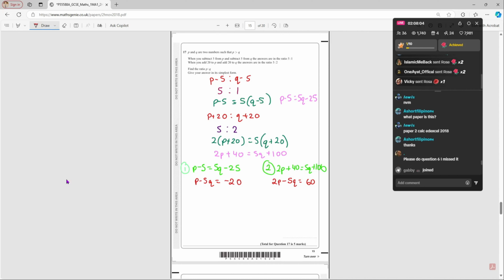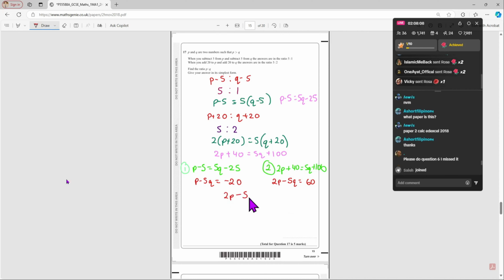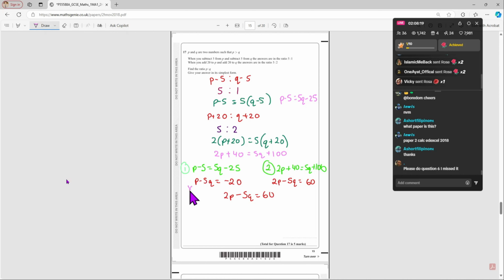And now we're going to write them together. So we have 2P minus 5Q is equal to 60. And then we have to multiply the other equation by 2, so that the P variables are going to be the same. We're going to have 2P minus 10Q is equal to minus 40.